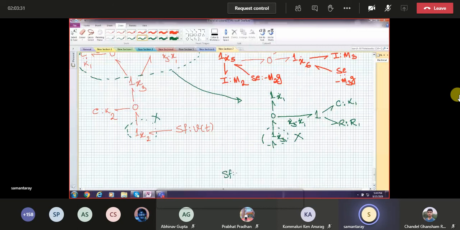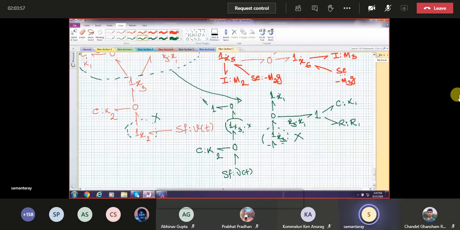This one is removed, we have 0, A2. Then this X3 dot is removed, one X3 dot goes, then you will have 0, and then this one here.